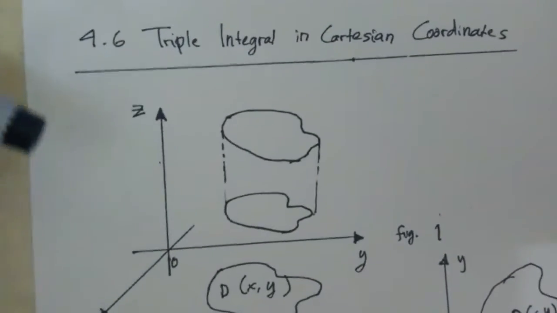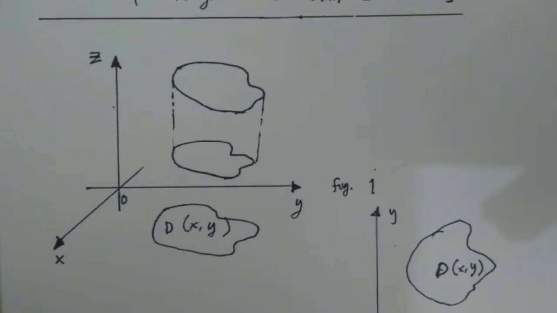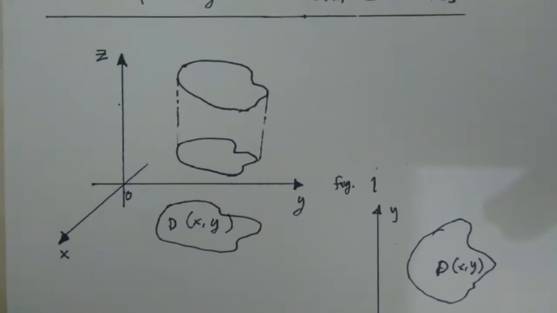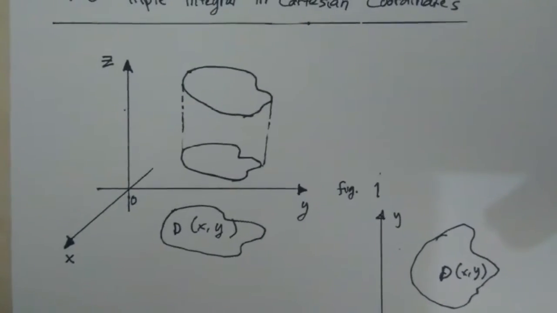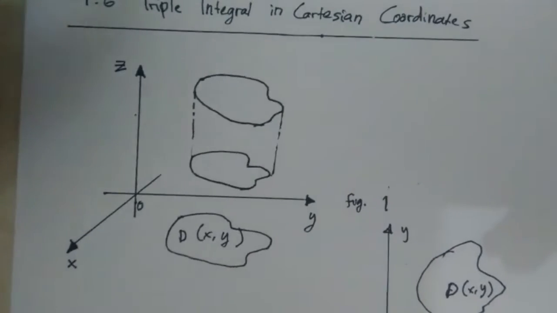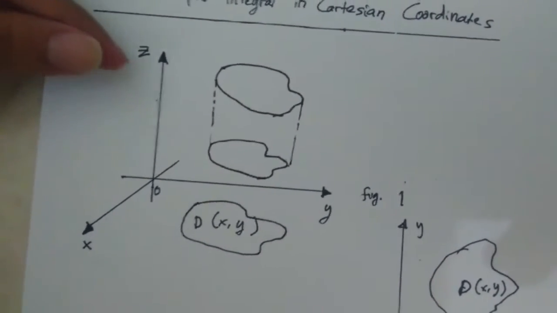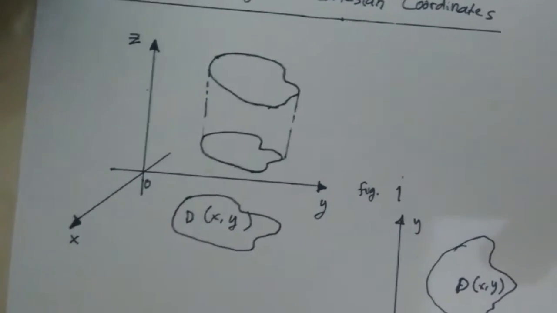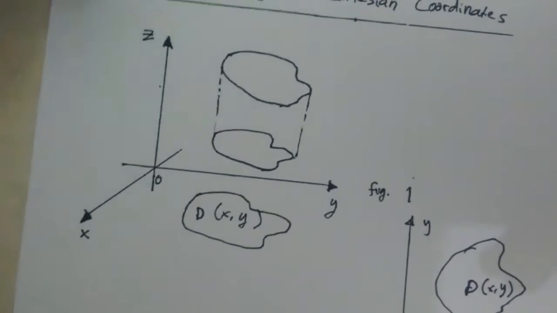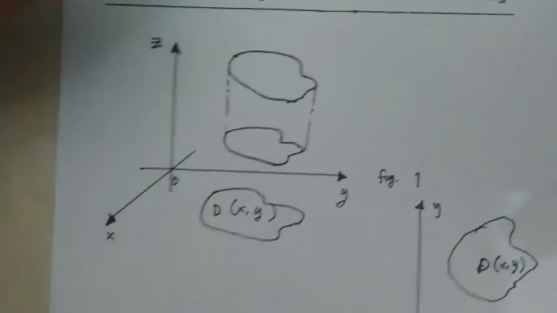Discuss the triple integral in Cartesian coordinates. Consider the case when a three-dimensional region U is a type 1 region, and a straight line parallel to the z-axis intersects the boundary of the region U in no more than 2 points. The region U is bounded below by the surface z equals z1(x, y) and above by the surface z equals z2(x, y), shown in figure 1.